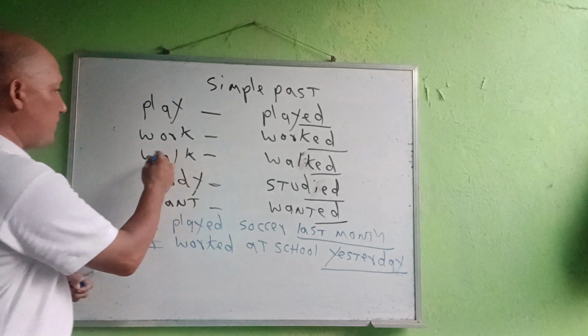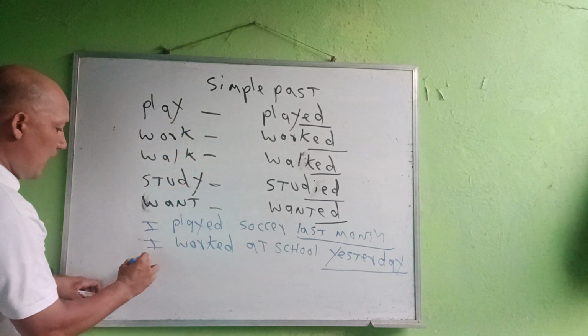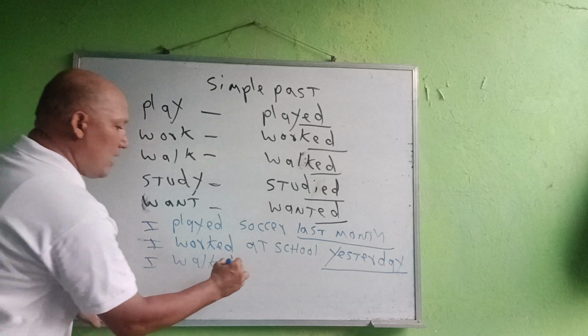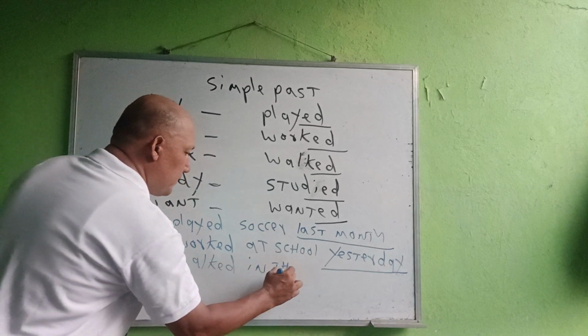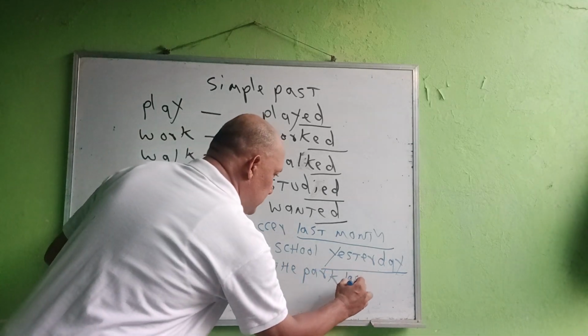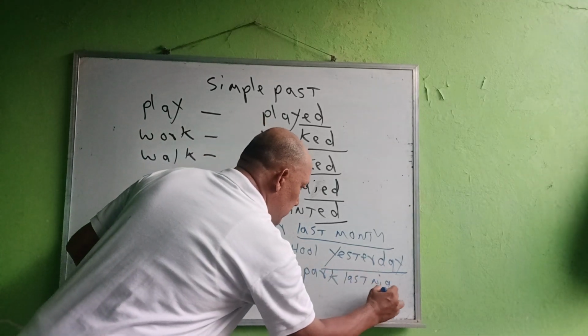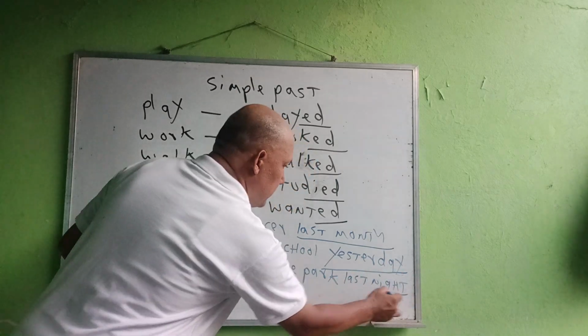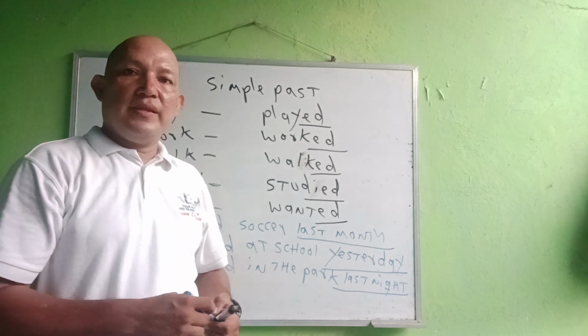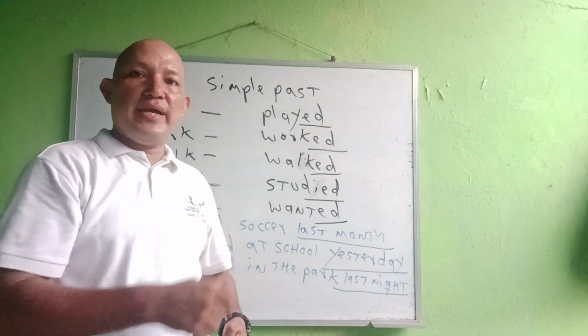Using the next one, I walked in the park last night. I walked in the park last night. This is another expression, when I specify that the action or activity happened last night.